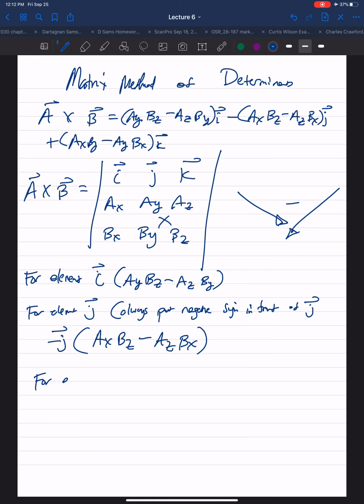Lastly, for element k, we ignore this row and we ignore this column. Then once again, it's this way first, then you minus this way of multiplication.